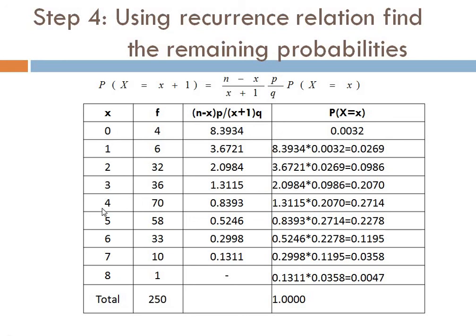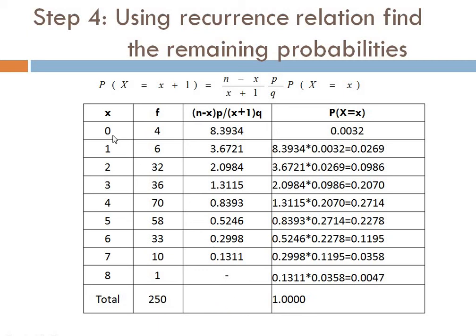Now in this case we prepare column n minus x into p divided by x plus 1 into q. So these entries can be obtained by substituting the values of n, that is 8, x is this, p and q, these values we have obtained in the previous slides. So substitute those values and you can get the entries of this column.